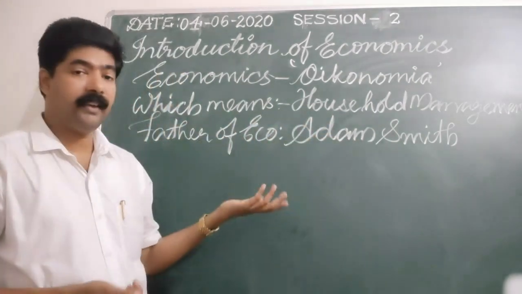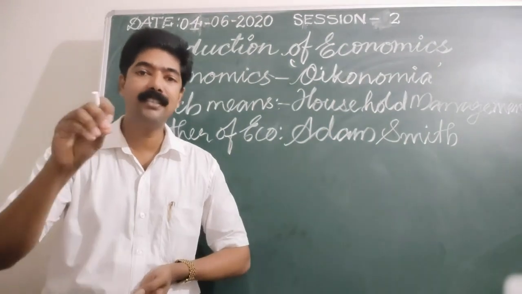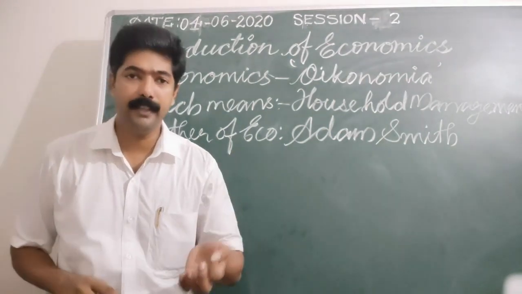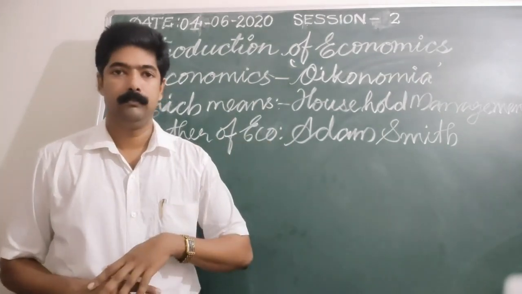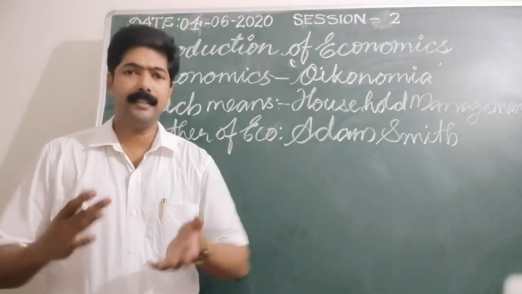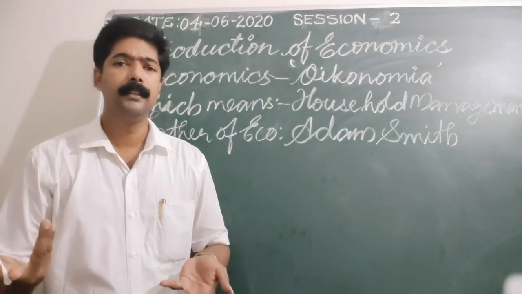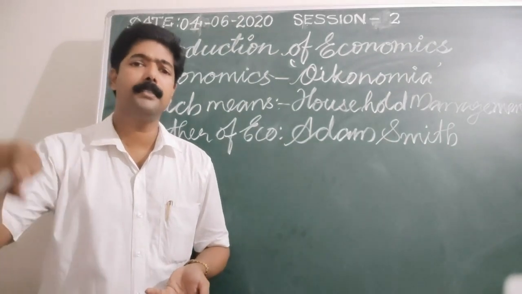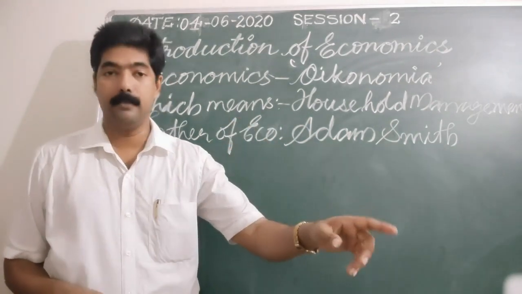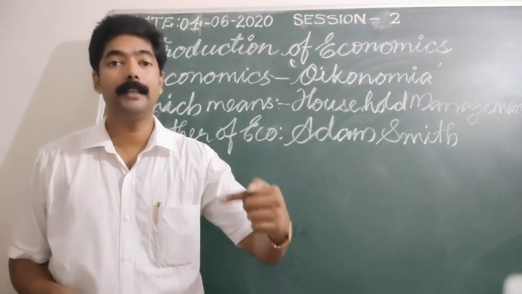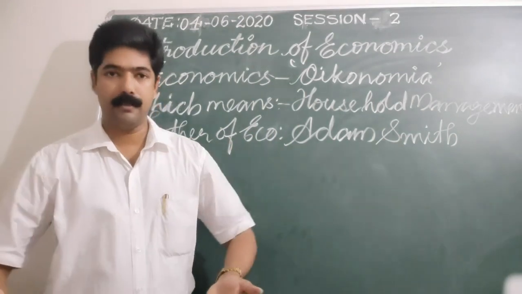Or in another way we can say, economics is what economists do. What is economics? Economics is what economists do. Just now I told you, economics is defined by many economists in many ways. Therefore, economics is what economists define.